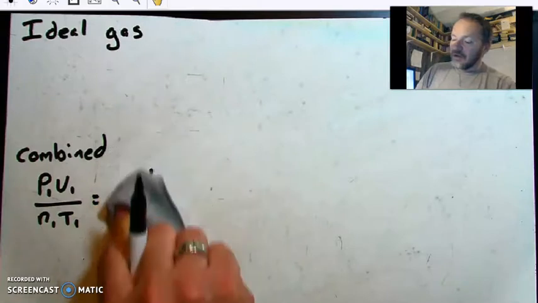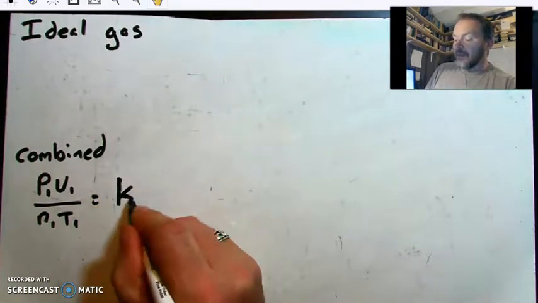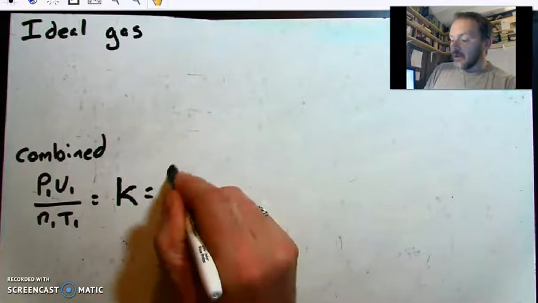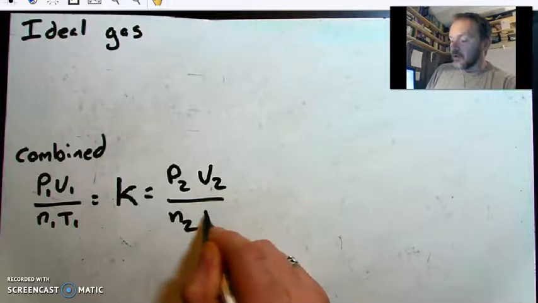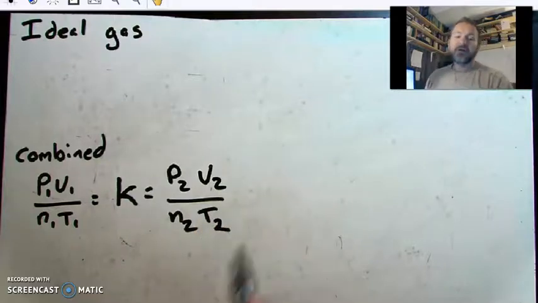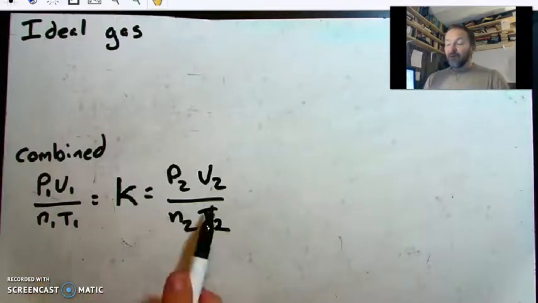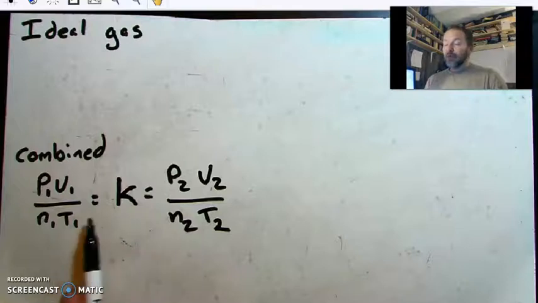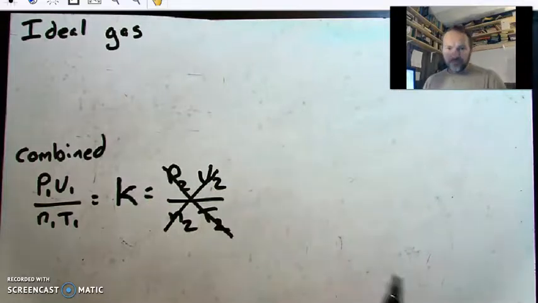So I'm going to take this out and put a constant in here, and that would also be equal to P2 V2 over N2 T2. Now, this is working backwards from how we formed the laws from Boyle's law, Charles' law, and things like that. So both of these properties are equal to a constant, and when we have a double equality, we really don't even need this.